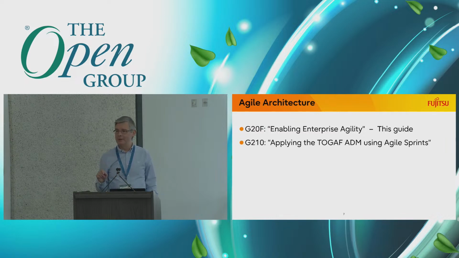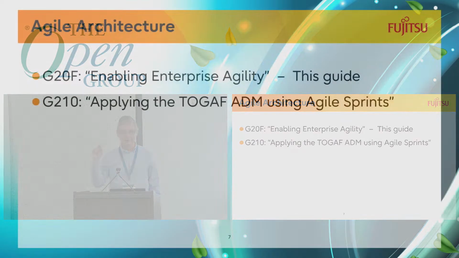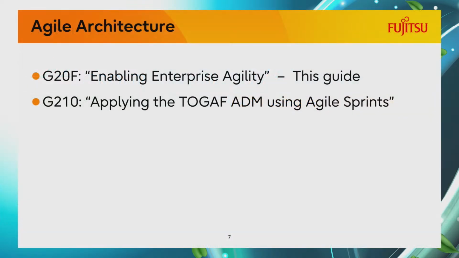If you're an architect working in agile ways, there's another guide, happens to be G210, again, that document code, a good way to actually find them in the Open Group library, Applying the TOGAF ADM in Agile Sprints.